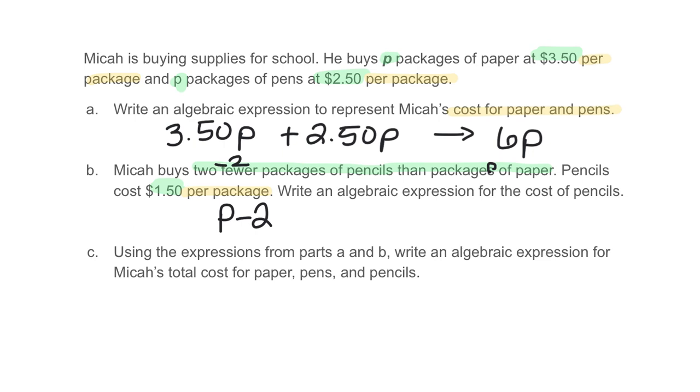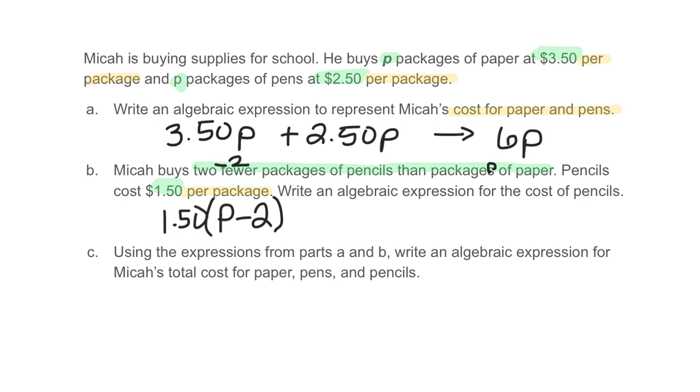So if they're $1.50 per pack and he bought P minus 2 packs, I need to multiply P minus 2 times 150. So it's really not any different than us multiplying 350 per pack times P for the number of packs, but now it's 150 per pack times P minus 2 for the number of packs.